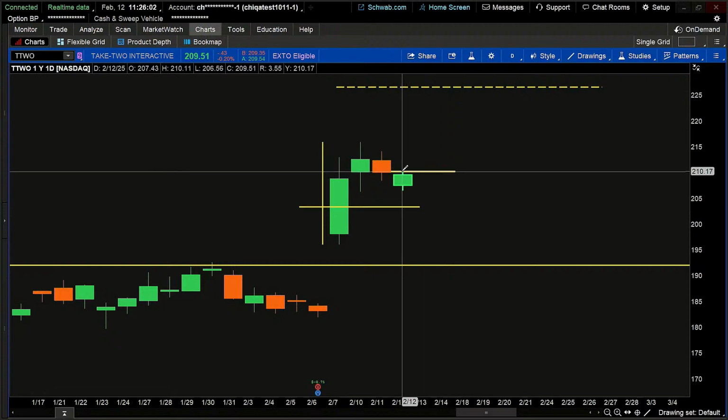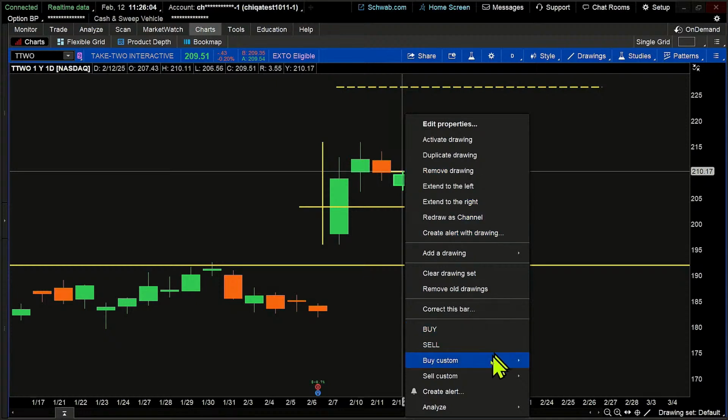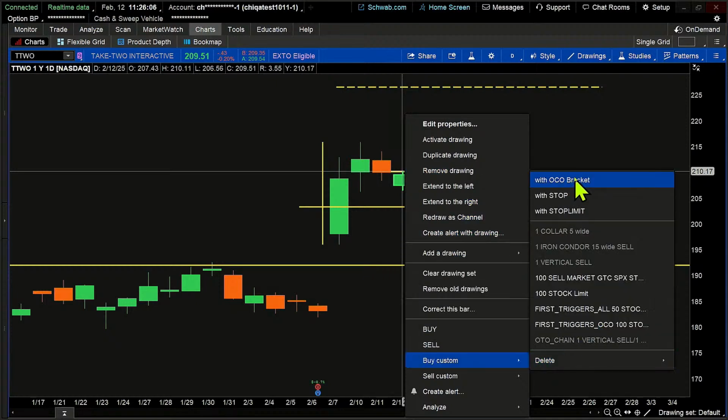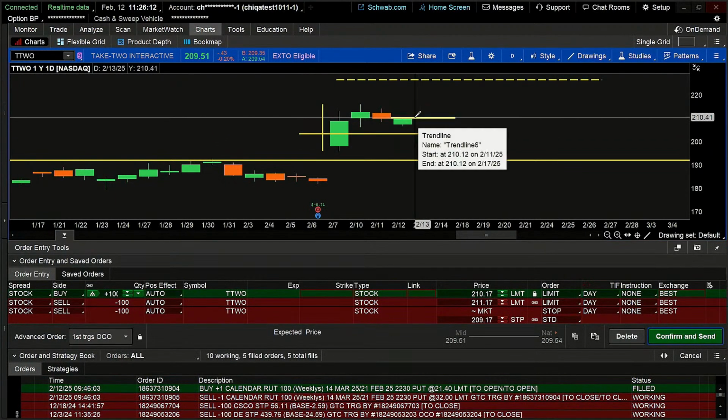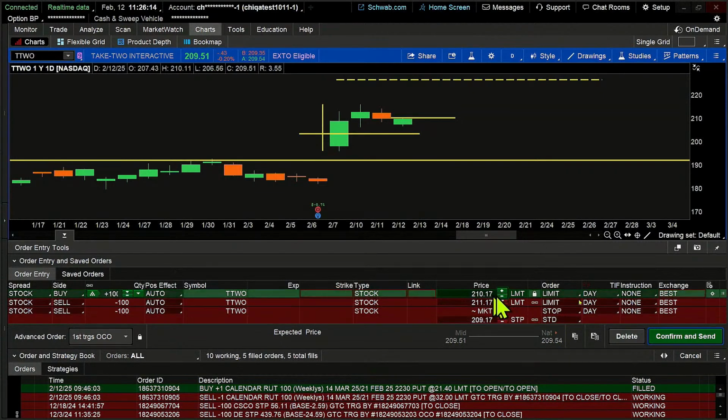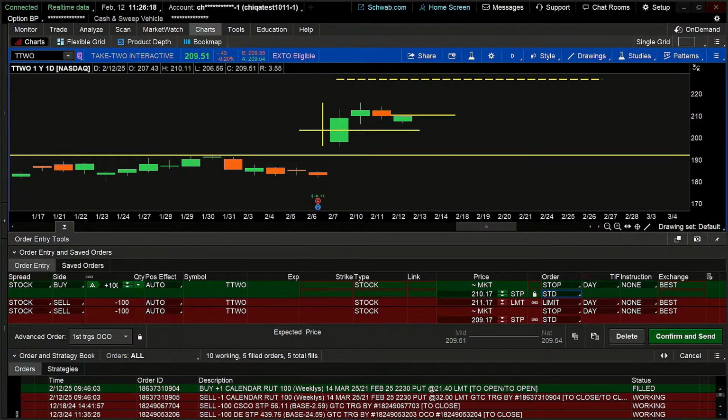So what I'm going to do is right click and create a buy custom with OCO bracket. Okay. And we'll just build this together. I'm going to make this first one a buy stop order. And I'm going to say, fine, stop, wait, don't. Yeah, this is not the struggle bus. This is the northbound bus to wherever your northbound destination is.